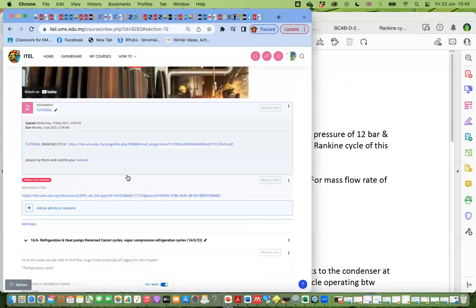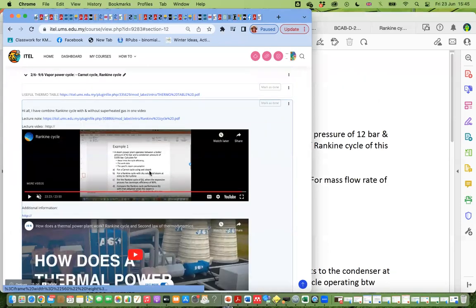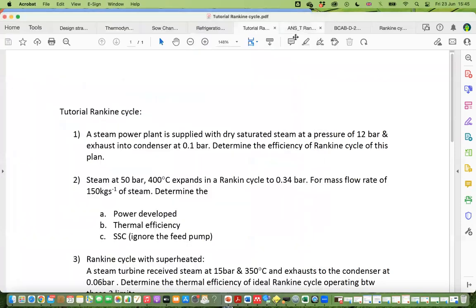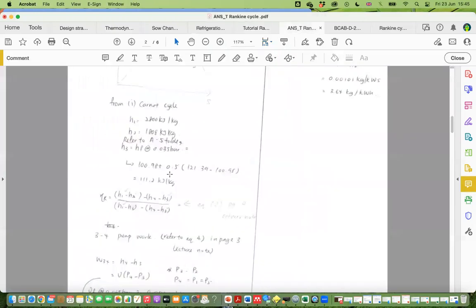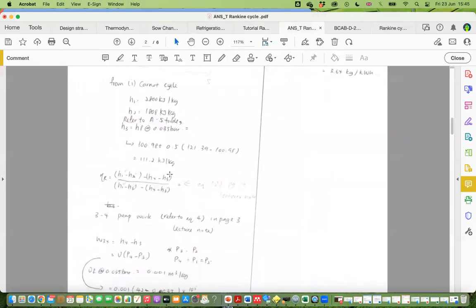And then we have to refer back to the question. Saturate at the entry to the turbine. So not this one. Okay. So the Rankine cycle efficiency is H1 minus H2 minus H4 minus H3.